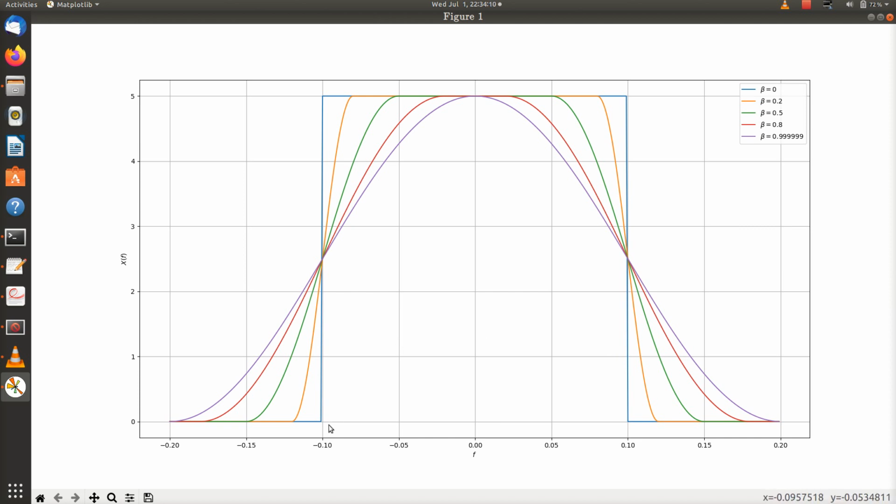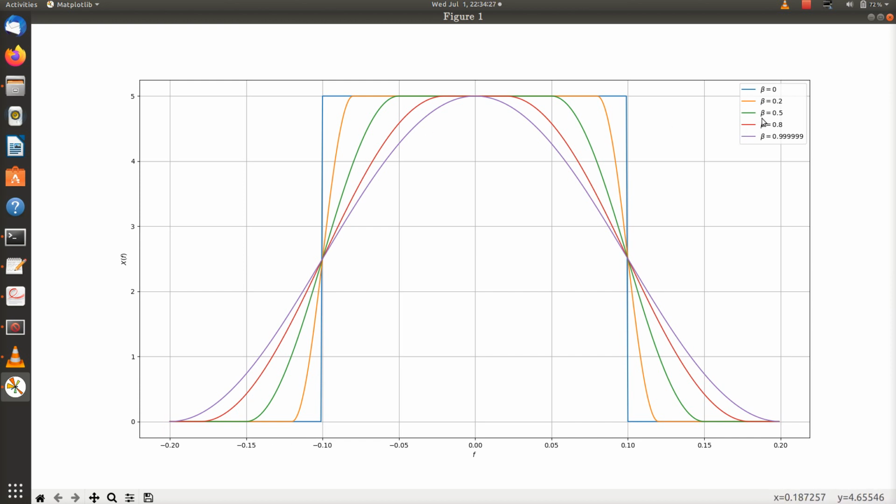And you can see that outside minus 1 by T to plus 1 by T, it is 0 for the case with beta equal to 0. For that 0 roll off, you can see that it's almost a rectangular pattern coming here.